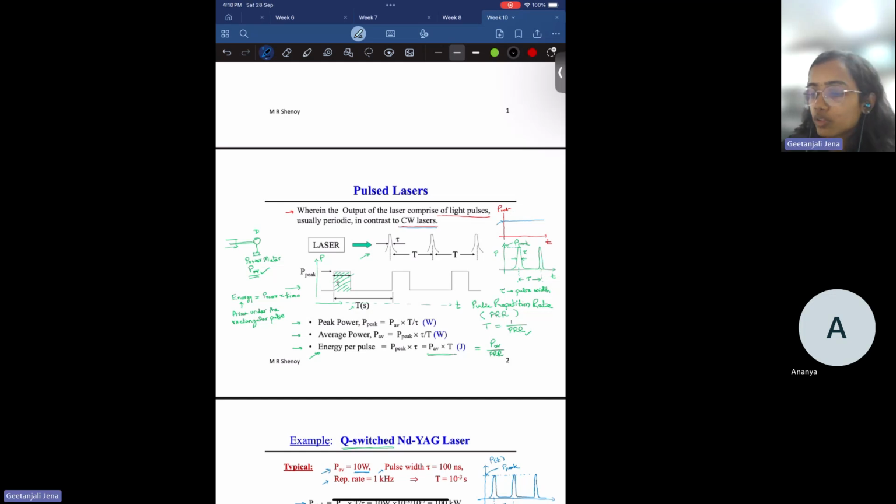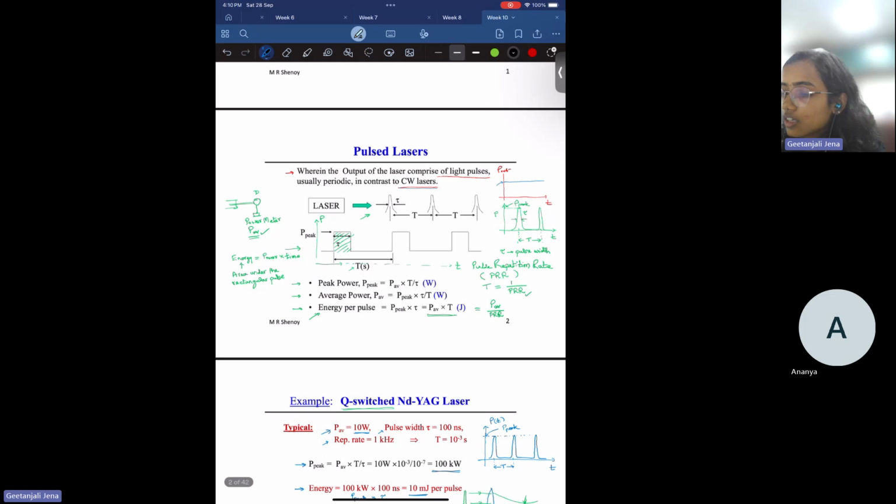In the meantime, let me go through the concept. As I said, for a continuous wave laser, we have power output which is uniform over all time. But the pulse laser, as you see in this figure, consists of pulses which are periodic in time.